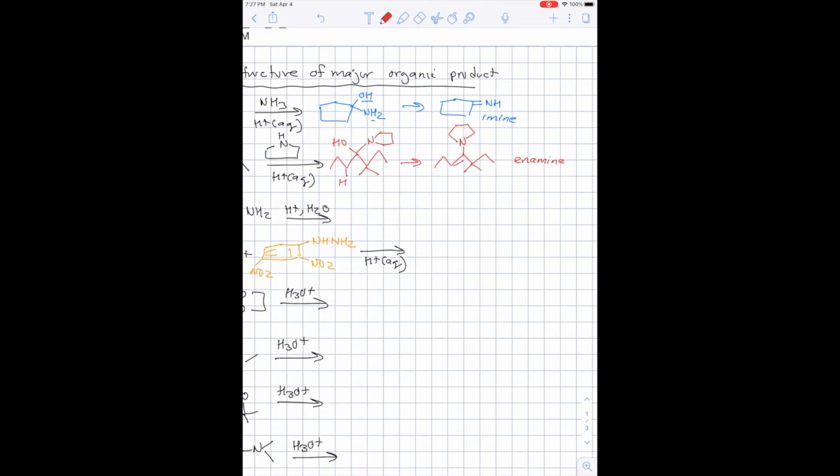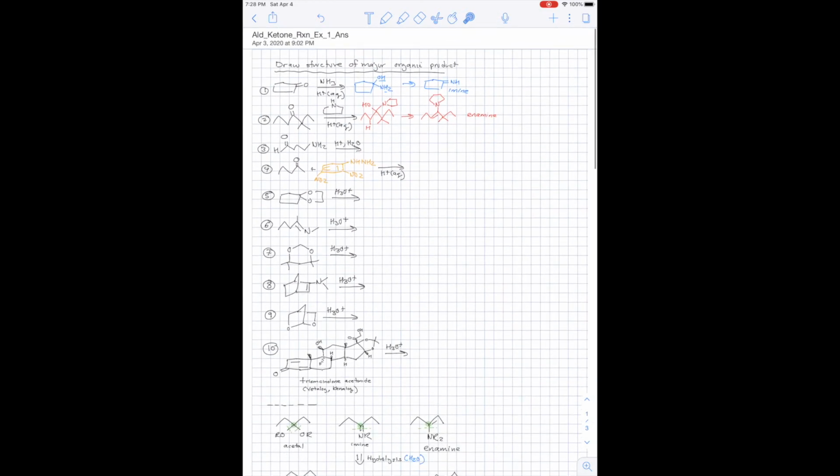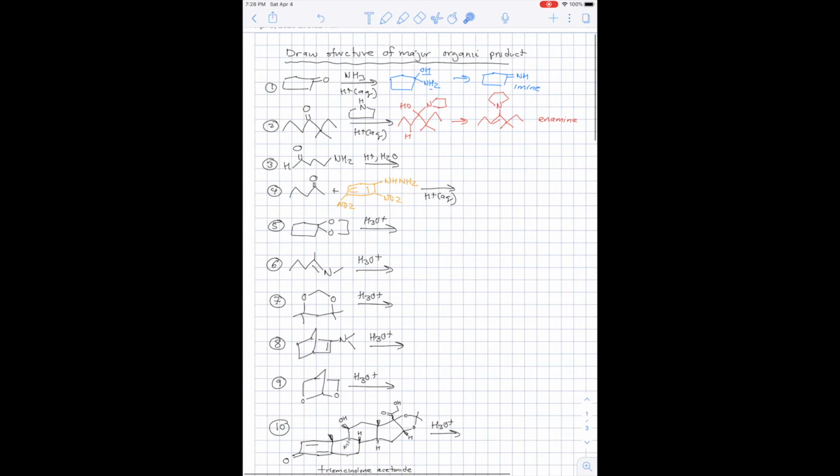So enamine, it has an alkene and an amine. And it turns out that this particular secondary amine is kind of a classic one that's used in synthesis that we'll talk about in 2 chapters.